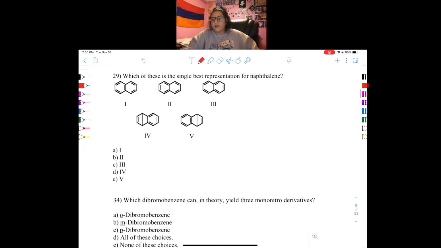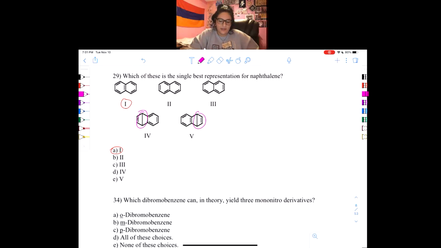Alrighty, so which of the following is the best representation for naphthalene? And this is naphthalene. So the answer is, or I'm so sorry, I tricked myself. You guys have to watch out for the double bonds to make sure they're in the right place. So for this example, it would still be A, but the reason the other ones are wrong is because, one, these have bridges.